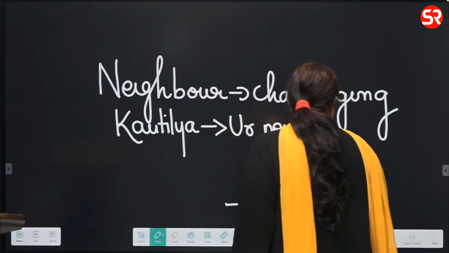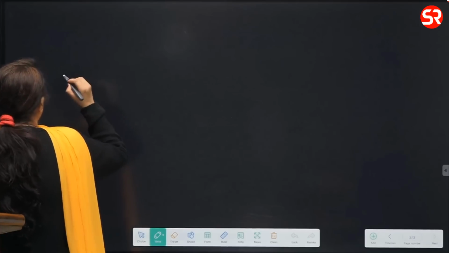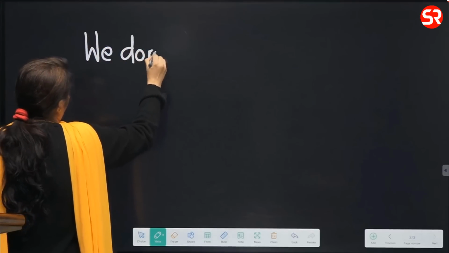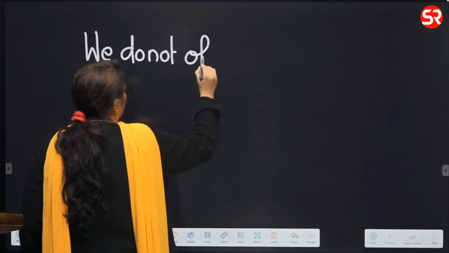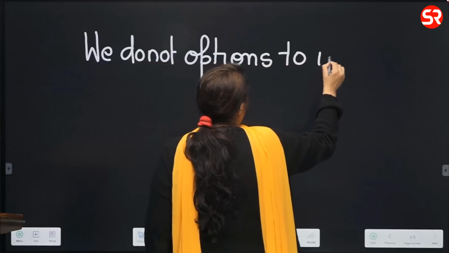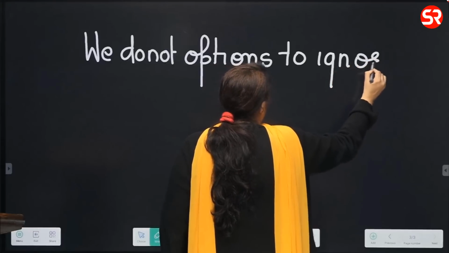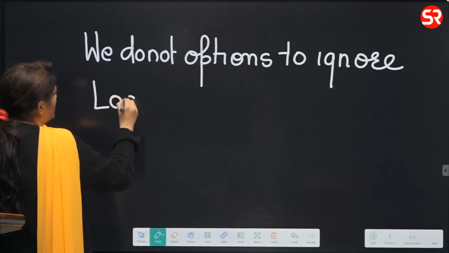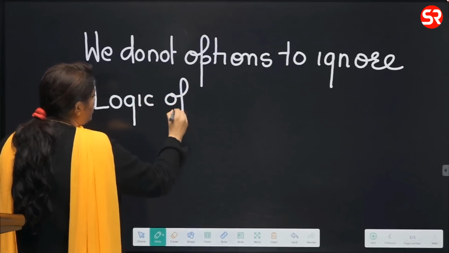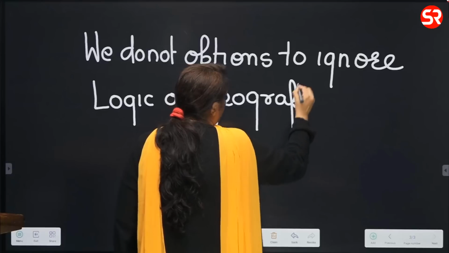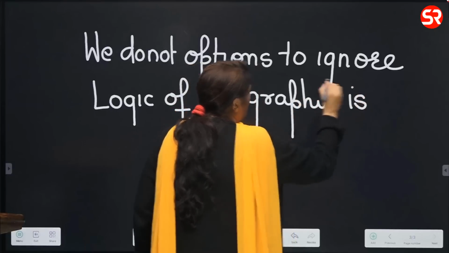At the same time, you should understand that we do not have options to ignore the neighbors, because it is said that the logic of geography is unrelenting. Fine.